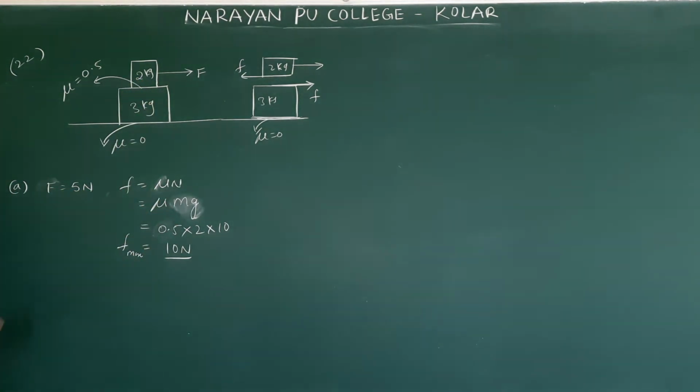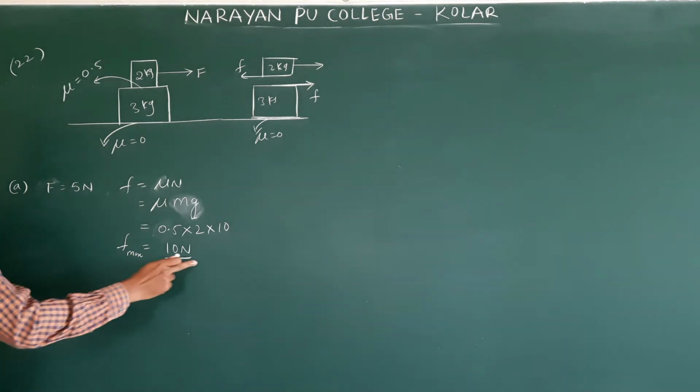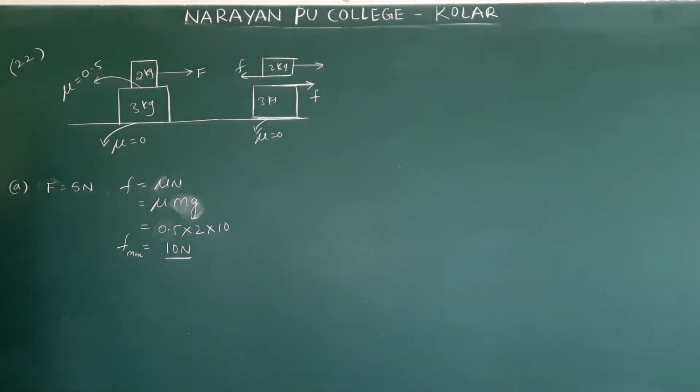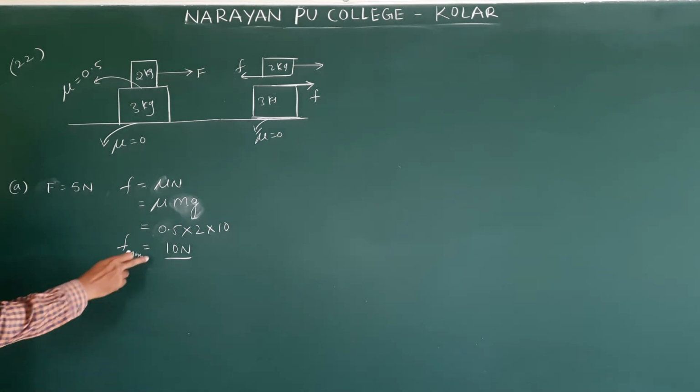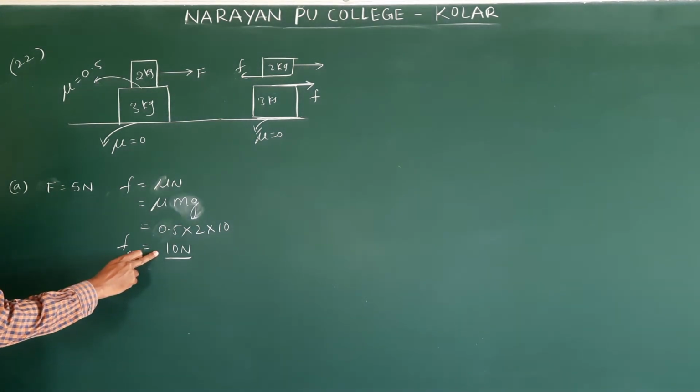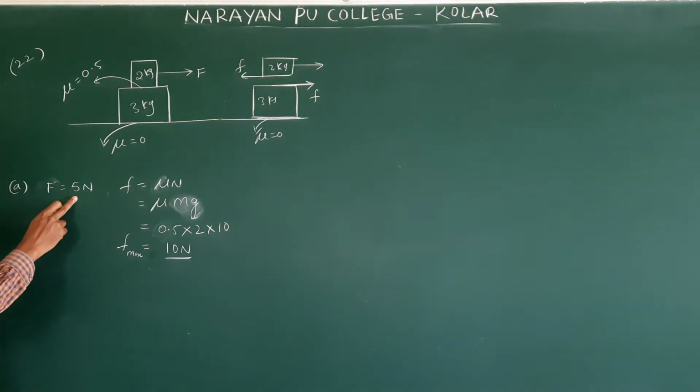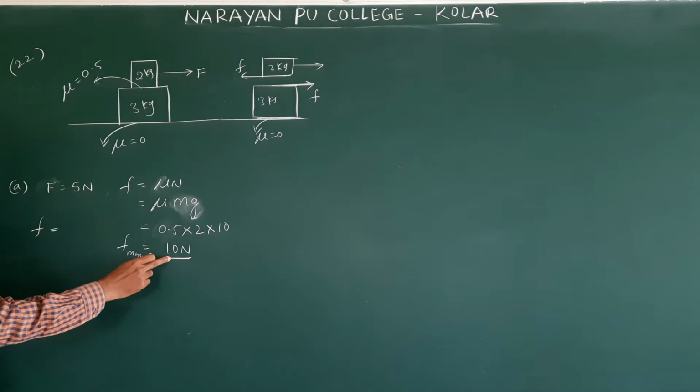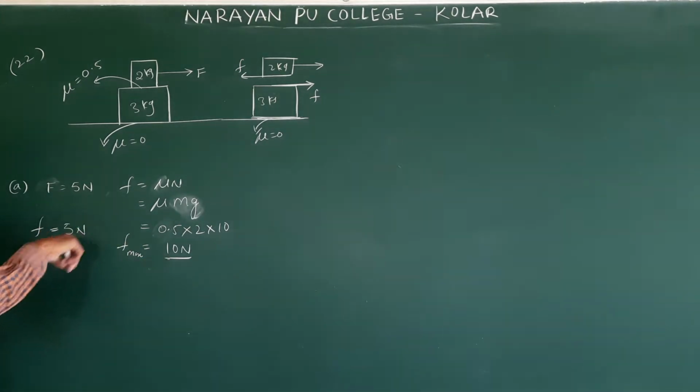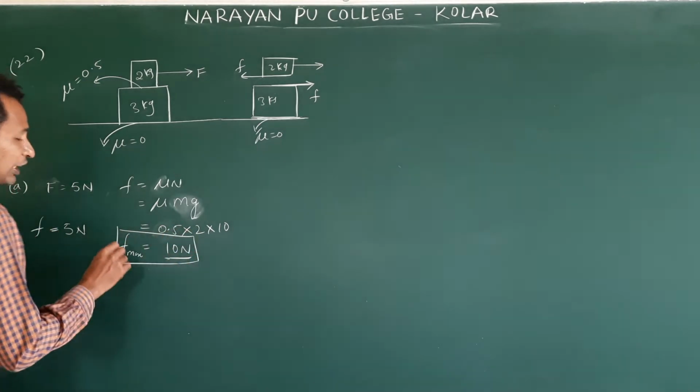Clear? The applied force is less than the maximum friction. Understand? Then friction will become 5 newtons, not 10 newtons. It will become 5 newtons. But this we calculated is the maximum, self-adjusting force.